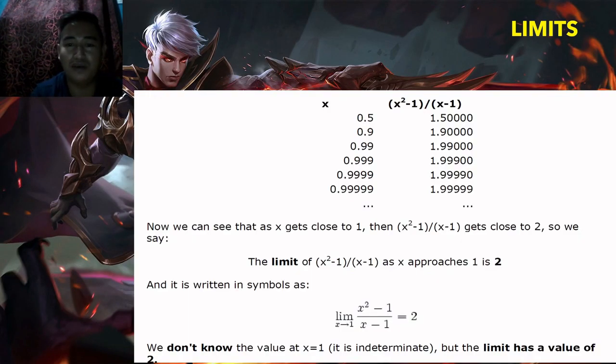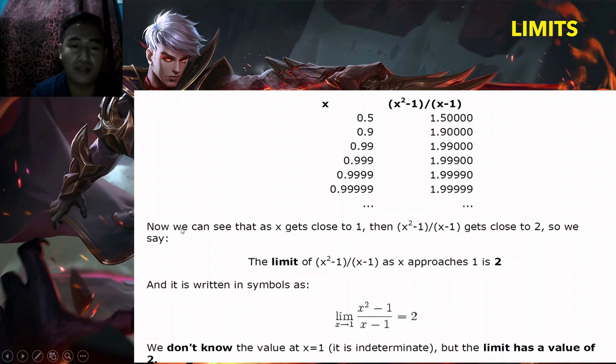So example this one class, ang atong x kay kani 0.5, 0.9, 0.99, so kanina paduol gini siya sa 1, di ba? Okay, then i-substitute na to dito class kani yung results. So 1.999. Okay. As you can see class, as x approaches 1, ang atong kani siya nga function kay approaches 2 pud siya.